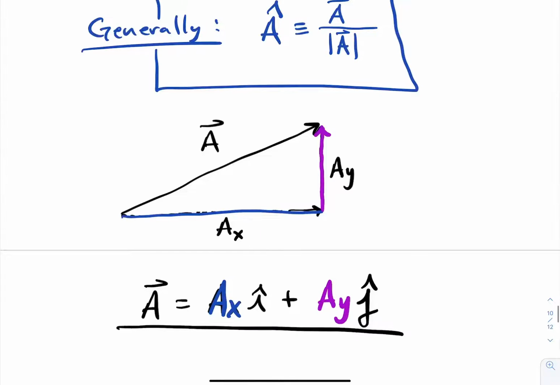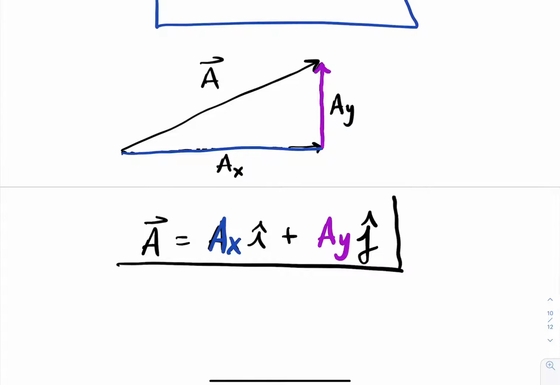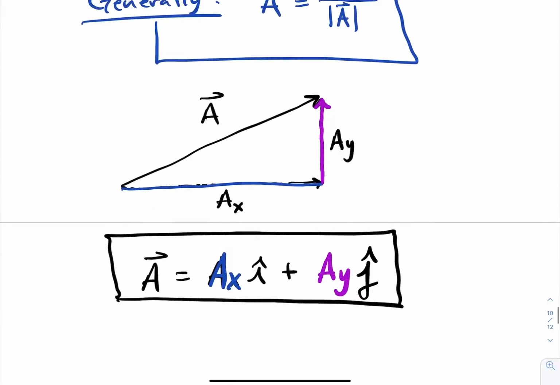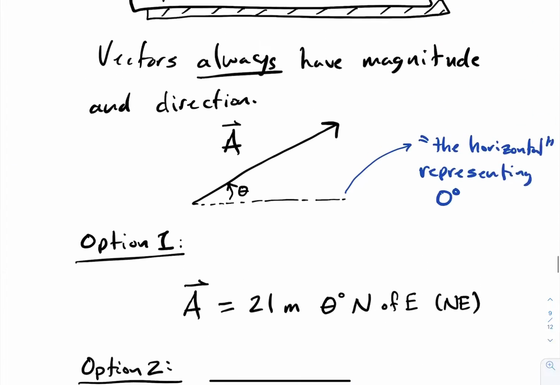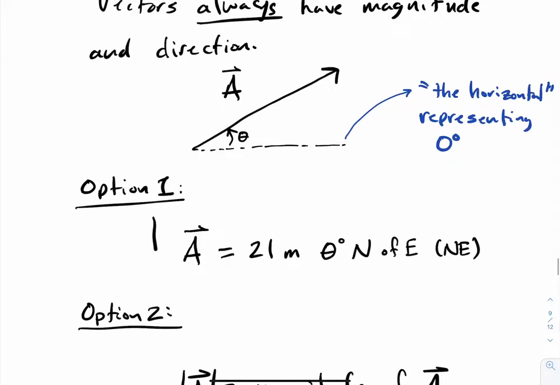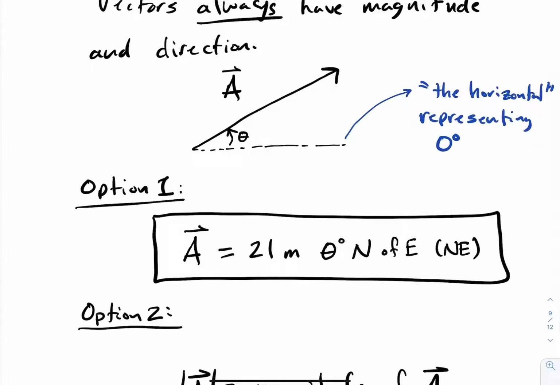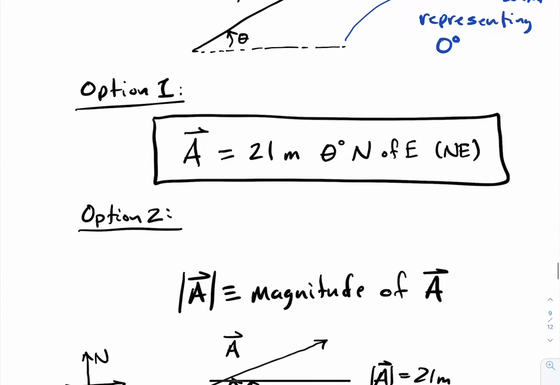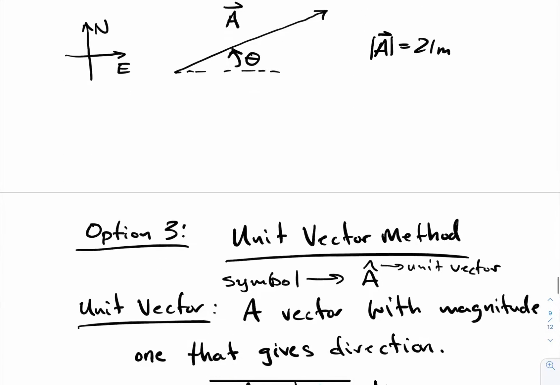So you can write a vector expression in this form, or you can write it in this form, and either one gives me all the information I need about the vector.